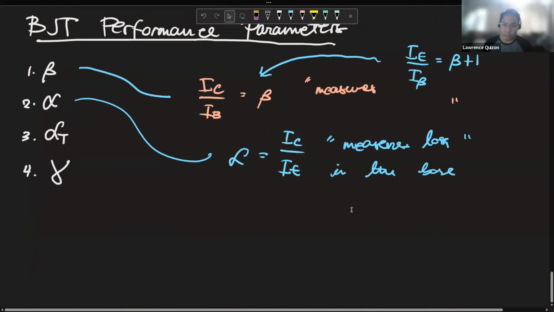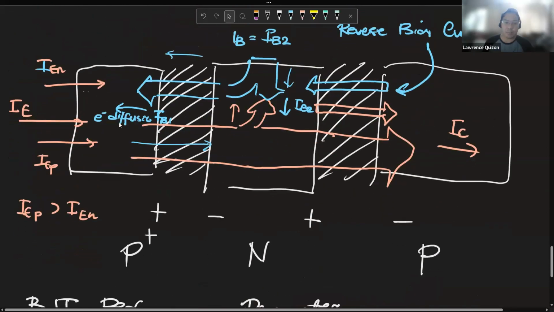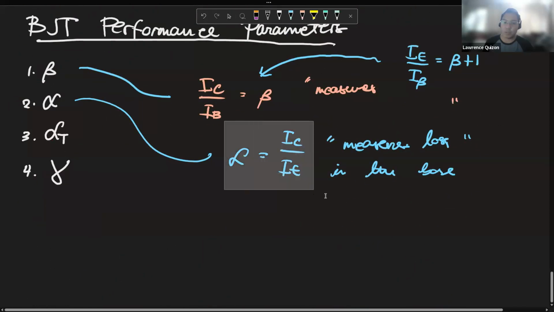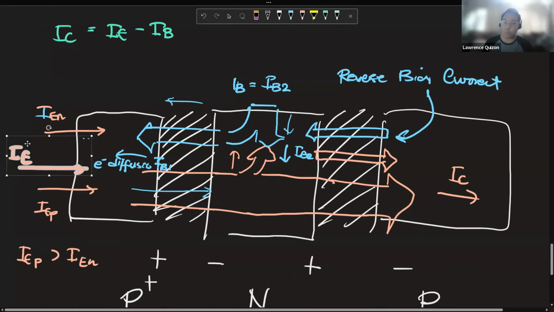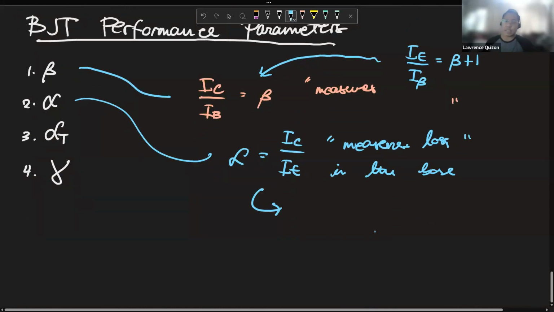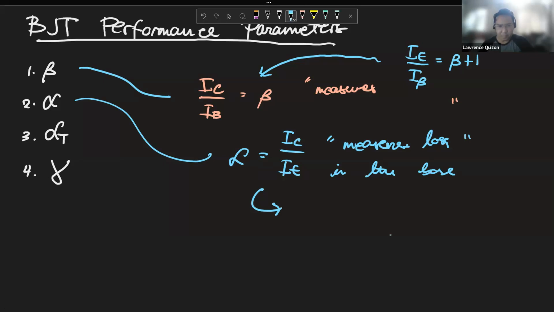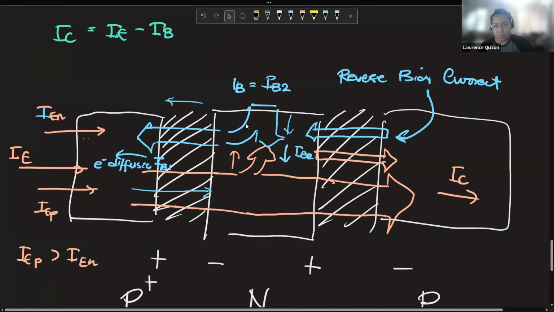Yung alpha naman, again, as I mentioned earlier, is due to this part. We don't want to lose too many things to this part, which is why we measure the amount of IC that we get versus the amount of IE that we put in. Now, interesting thing about this alpha is the fact that, di ba, we measure alpha with respect to how much current we lose in the base.